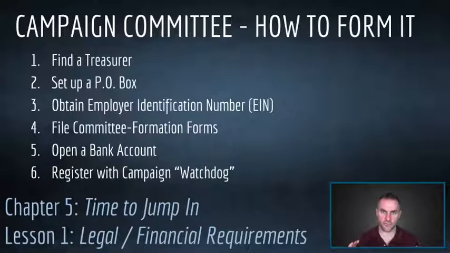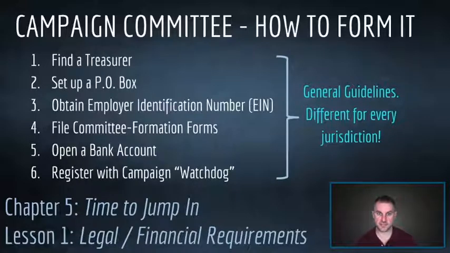So this is the general framework that you'll use in your local jurisdiction. Take each one of these steps and Google it, attaching your local jurisdiction, your local county, and just figure out everything that you can. But this is the general framework of what you'll need to go through to form that campaign committee.